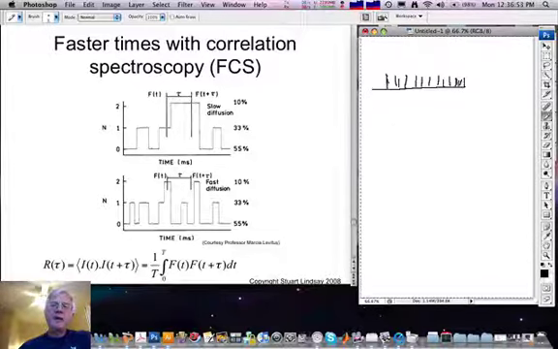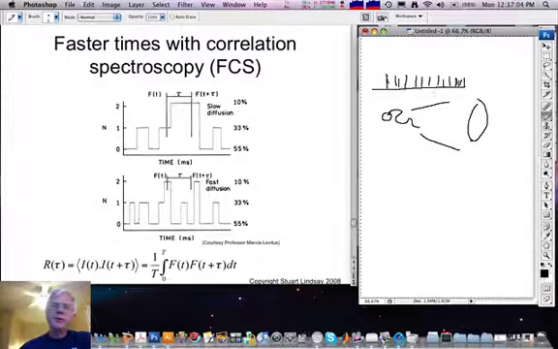Now, if the dye is diffusing very slowly through the collected optical volume of a microscope, then the interval between photons would be what you would expect in essence for a fixed point.